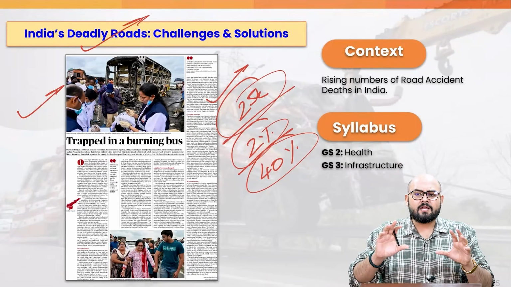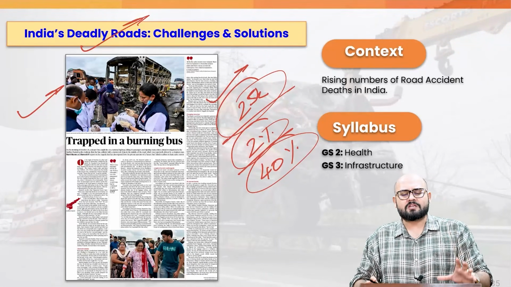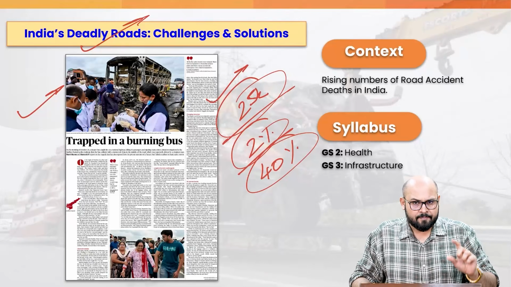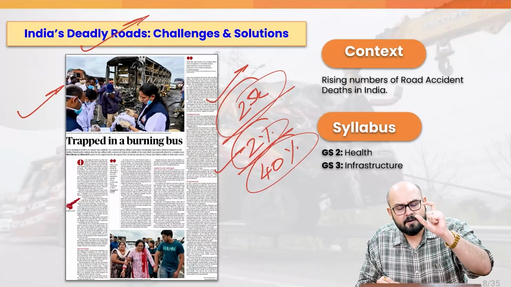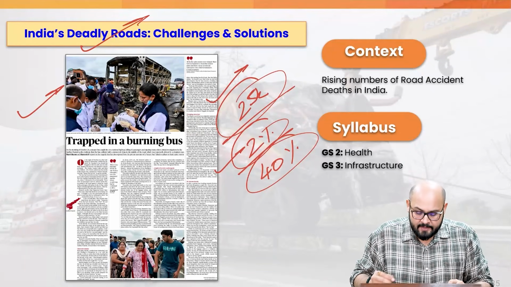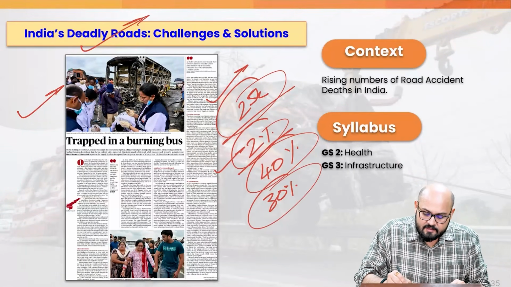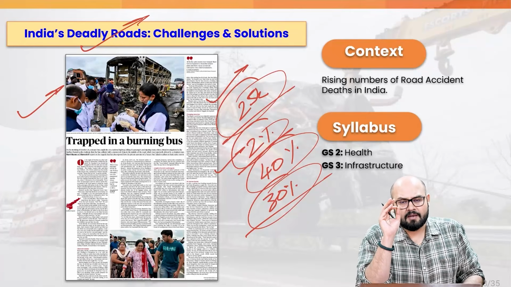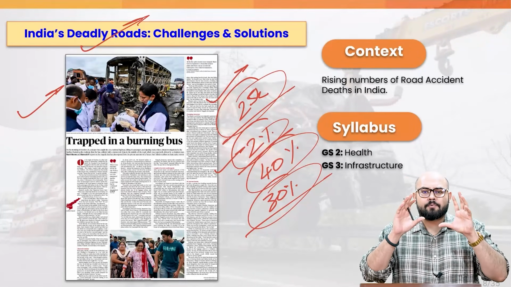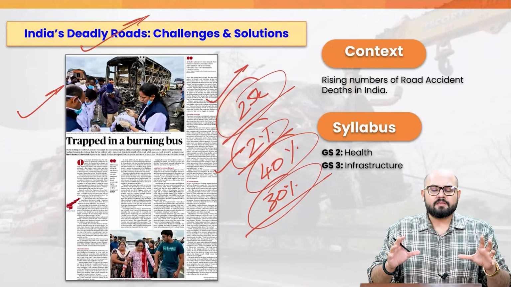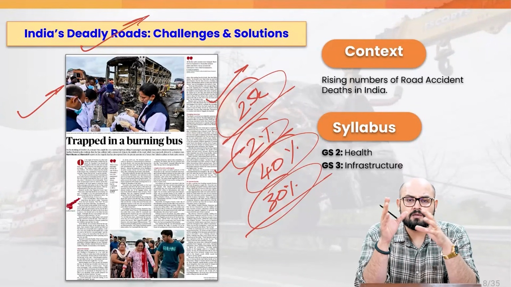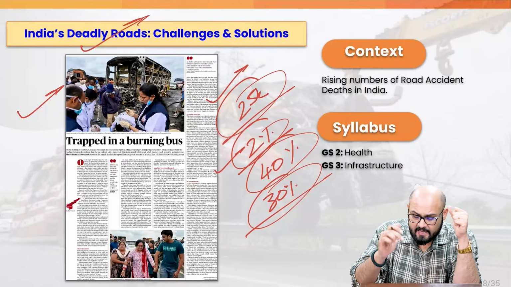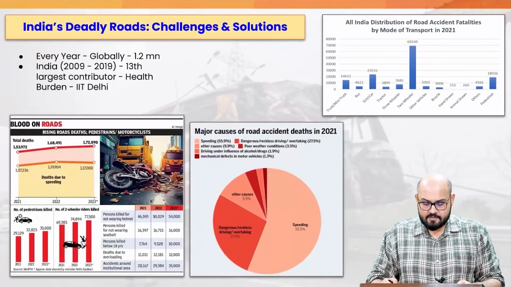So there is a disproportionate burden on the national highways. And more than 30% of the deaths take place on national highways. So there needs to be a proper policy with respect to the functioning of these national highways, and we'll have to adopt both short-term as well as long-term measures. Very important topic from the GS paper.